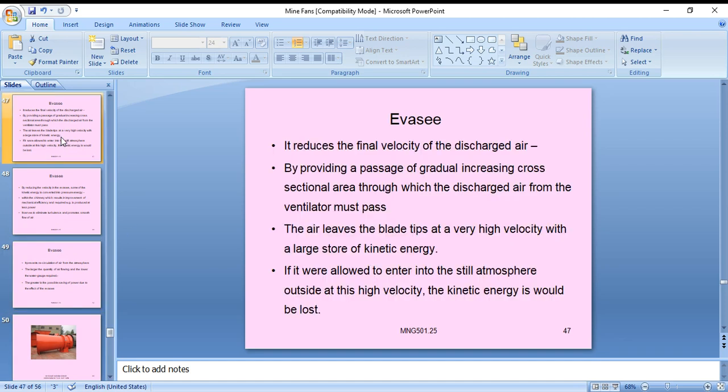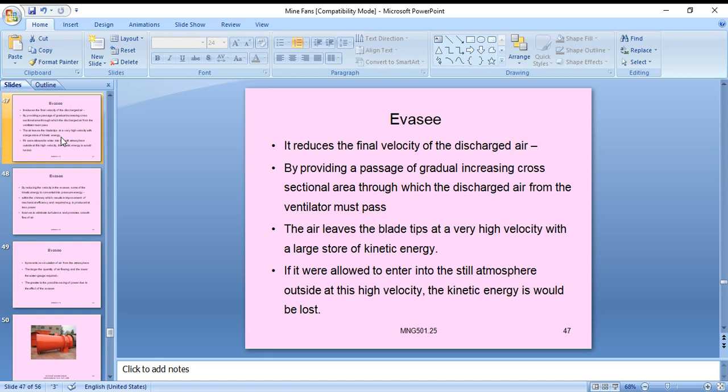Next, by providing a passage of gradually increasing cross-sectional area through which the discharge air from the ventilator must pass.